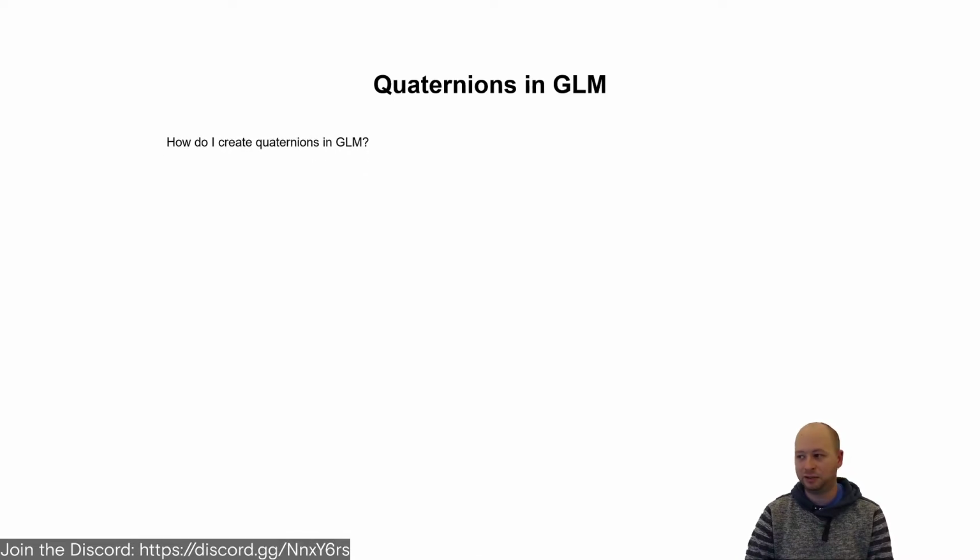So GLM provides you with all the stuff you need to do quaternions. So hopefully at this point you're like, whew, I don't have to do that. I understand. I feel you. So the GLM library provides it with quat, and that's giving you the identity quaternion, or you can define it yourself with the W, X, Y, and Z values.